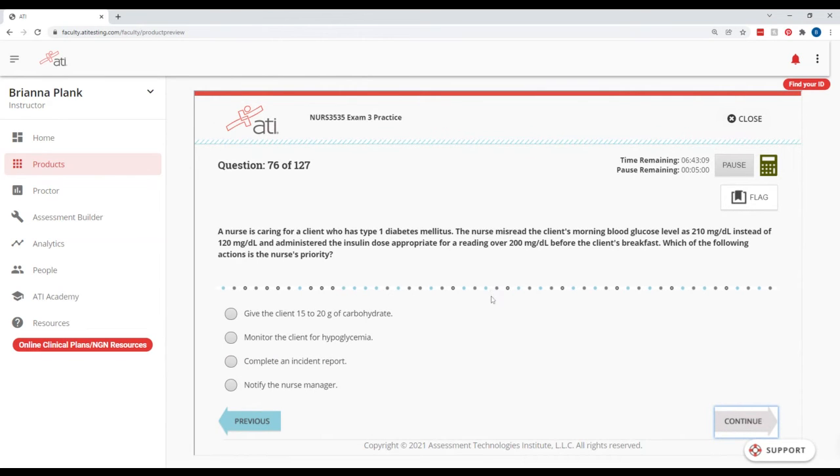A nurse misread the client's morning blood glucose level as 210 instead of 120, and administered the insulin dose appropriate for the 200 range before breakfast. Which of the following actions is nurse priority?